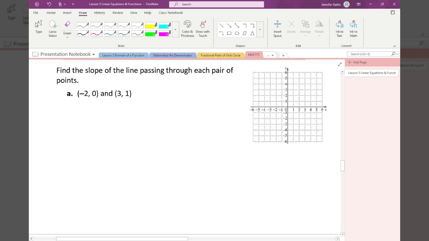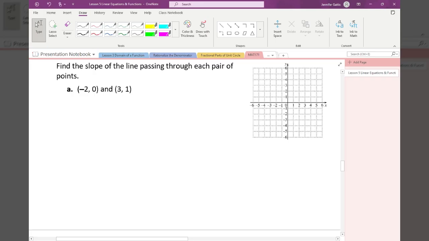So let's look at calculating the slope of a line that passes through these points. So we can kind of look at graphing these, -2, 0, and +3, 1. And we can work to count rise over run.